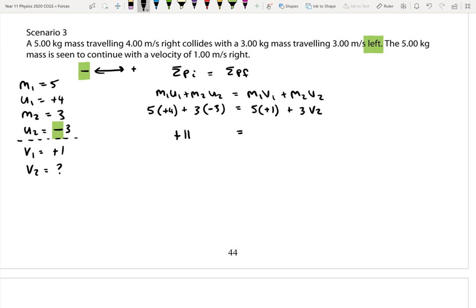So we'll throw in a plus 5 plus 3 V2. Solve as normal. So we'll subtract 5 from both sides. Plus 6 equals 3 V2. V2 equals plus 2, or 2 meters per second right.